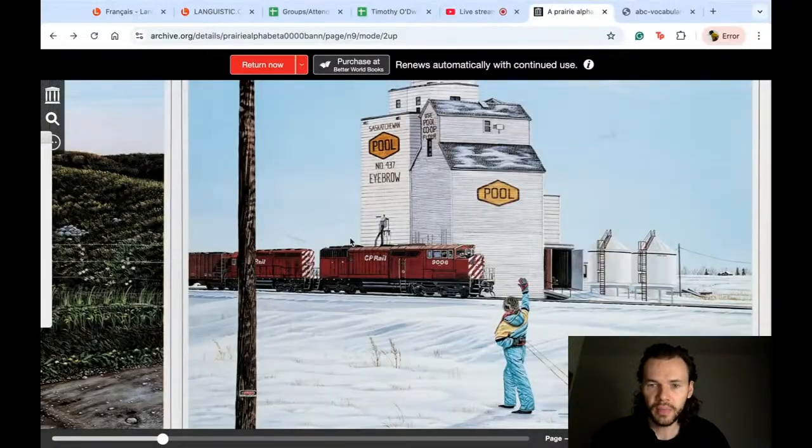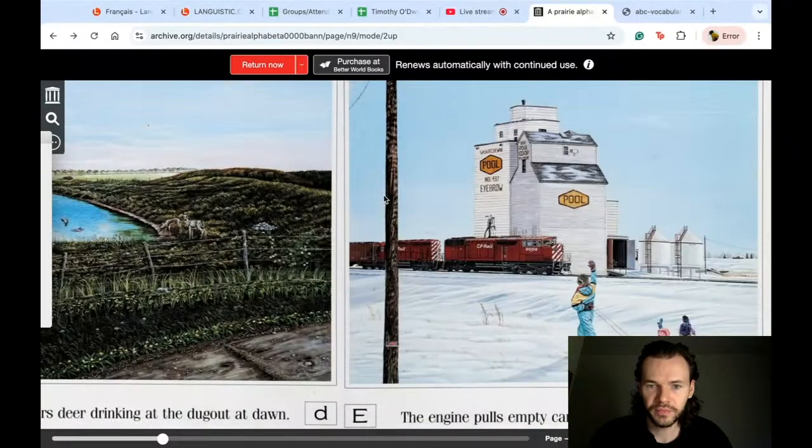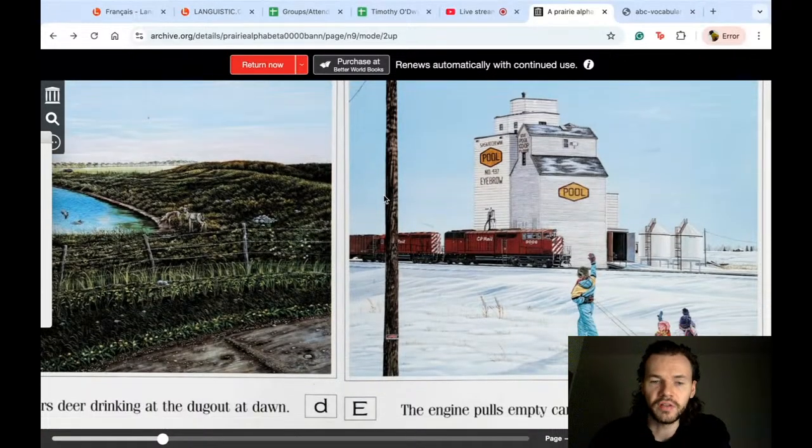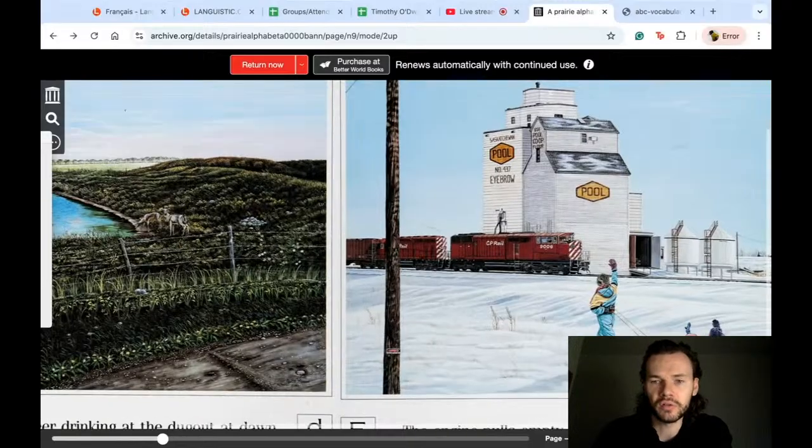And here is another really pretty picture. This is the letter E. E is for the engine pulls empty cars up to the elevators.